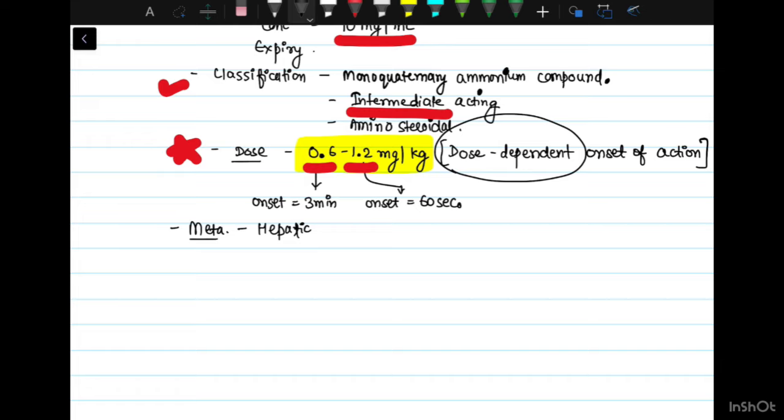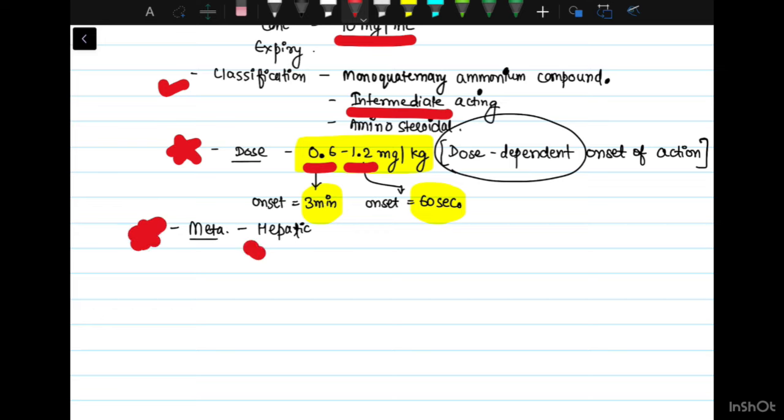If you're giving it very similar to vecuronium, that means you have time, you have 3 minutes for intubation, then you can give it with a dose of 0.6 mg per kg. And suppose you want to do RSI with it as an alternative to succinylcholine, to intubate within 60 seconds, then you have to give rocuronium at a dose of 1.2 mg per kg.